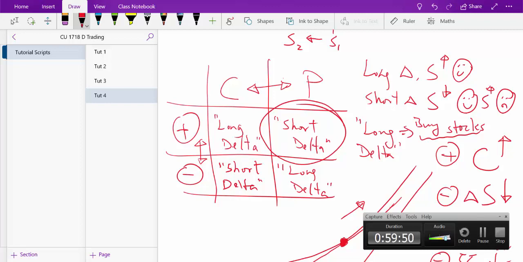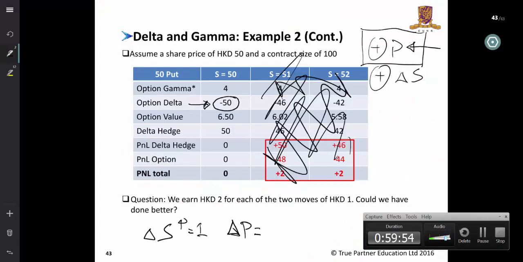So this means when the stock price goes up by $1, your put value will go down by 50 cents. That is why the option delta for the put is a negative value. So put delta is always negative, whereas call delta is positive.